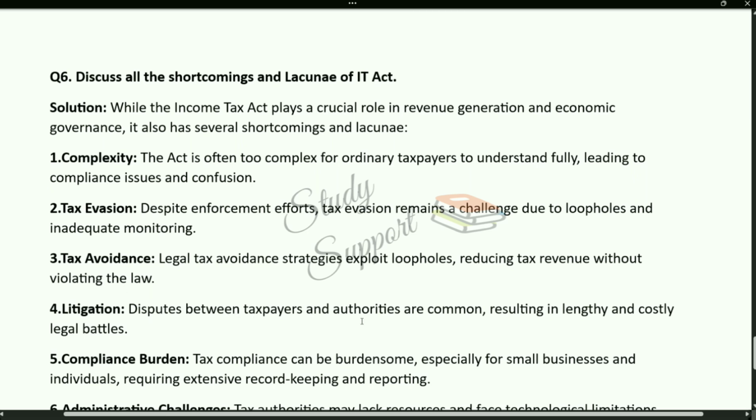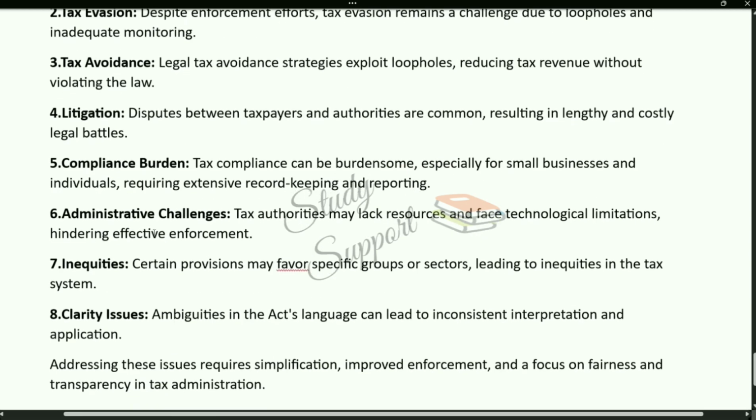4. Litigation. Disputes between taxpayers and authorities are common, resulting in lengthy and costly legal battles. 5. Compliance burden. Tax compliance can be burdensome, especially for small businesses and individuals, requiring extensive record-keeping and reporting. 6. Administrative challenges. Tax authorities may lack resources and face technological limitations, hindering effective enforcement. 7.